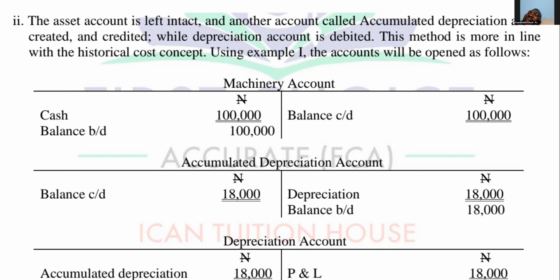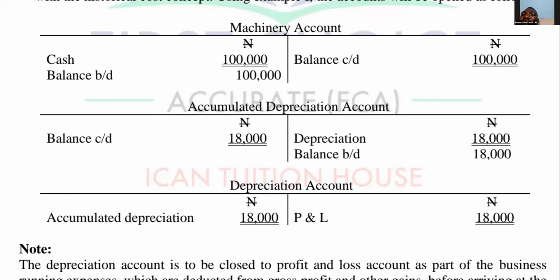So if you look at the 18,000 for the depreciation for the first year, what you do is credit your accumulated depreciation, then debit your depreciation account.